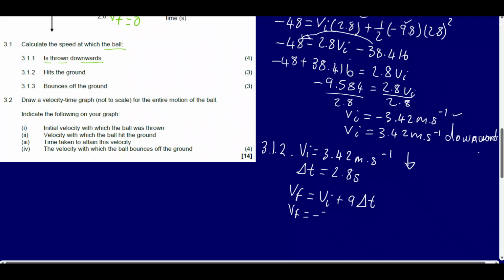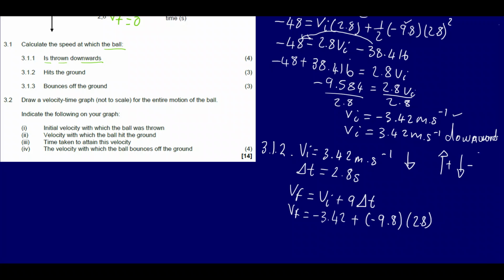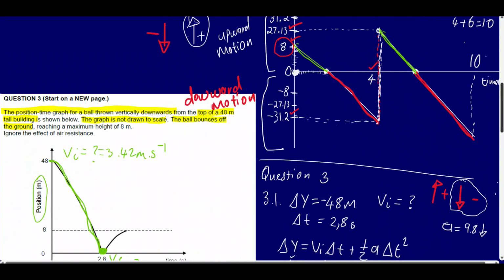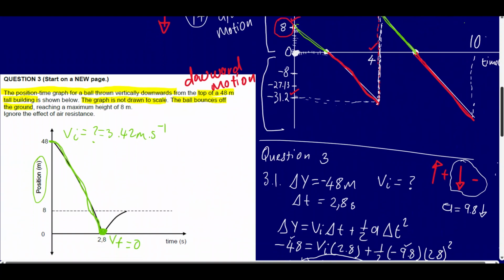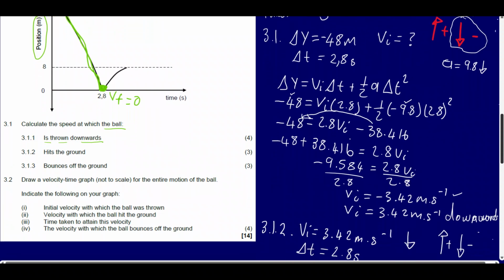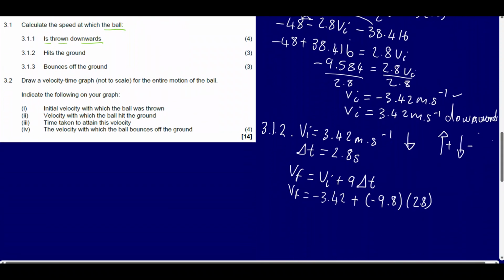So the final velocity in this case is going to be the Vi here, which is negative 3.42. Remember, we're still sticking to our direction. We're taking upward as positive and downward as negative. So it's going to be negative 3.42 plus the negative acceleration, which is negative 9.8, and the time is 2.8. If you select the direction, you must stick to that direction throughout the calculations.